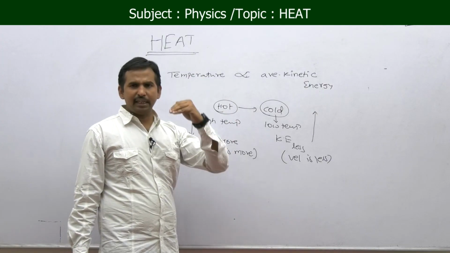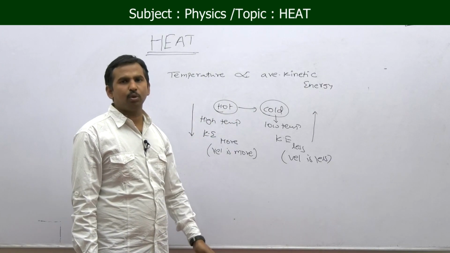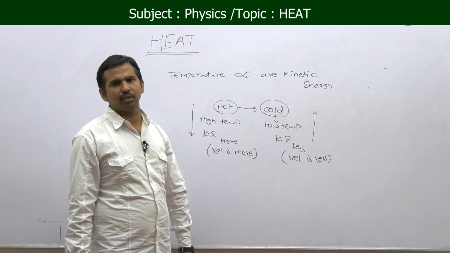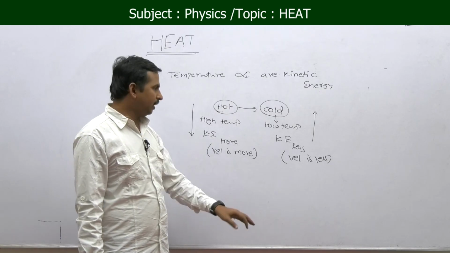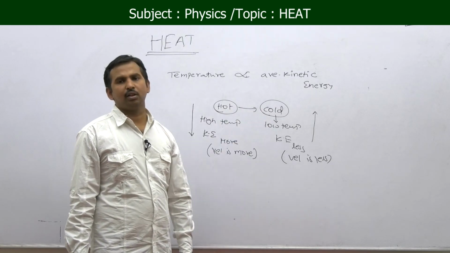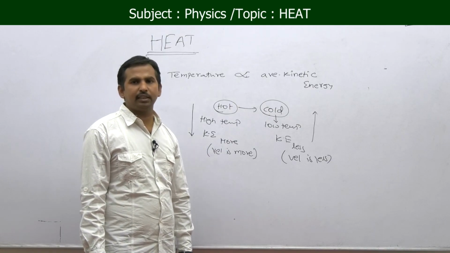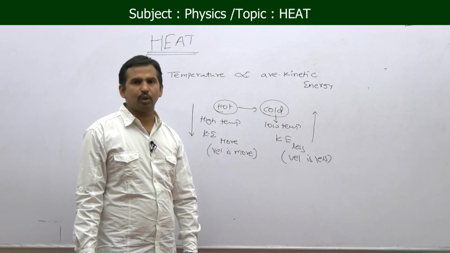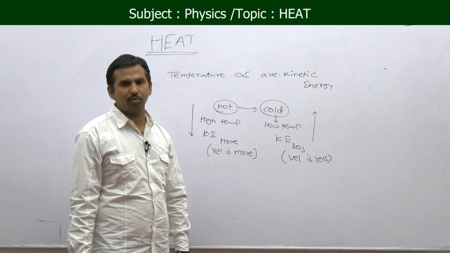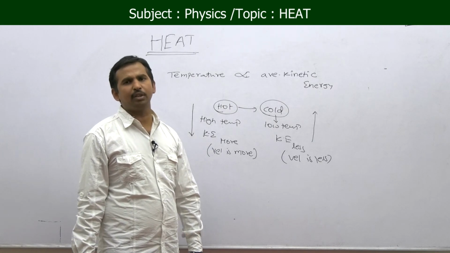So the increase and decrease, at one particular stage, both come to the same state. That we call thermal equilibrium, where both the temperatures are the same. During thermal equilibrium, where the temperature is the same, we cannot transfer heat energy from one body to another, because both have the same temperature.